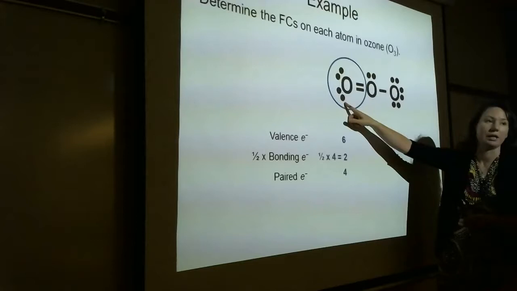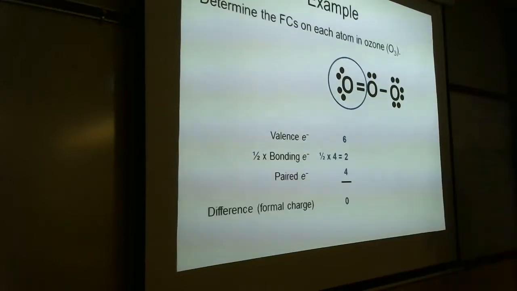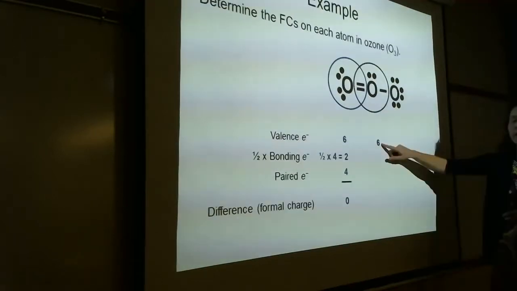I've got 1, 2, 3, 4 paired electrons. Remember, you can think of paired electrons as the non-bonding electrons. Now, it's not number of pairs, it's number of actual electrons. So don't confuse pairs versus actual electrons. It's not 2 pairs, it's 4 total electrons. Okay, so 6 minus 2 minus 4, so that gives me 0. Right, so the formal charge on that oxygen atom is 0.